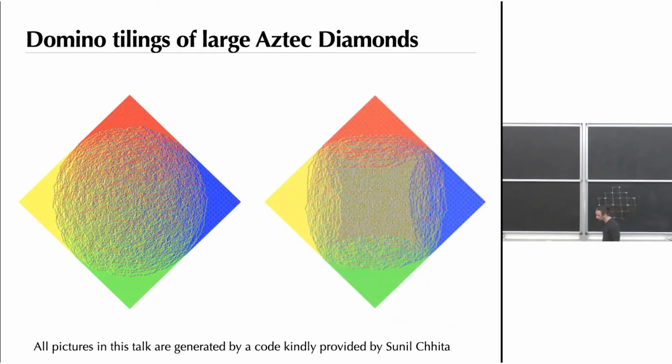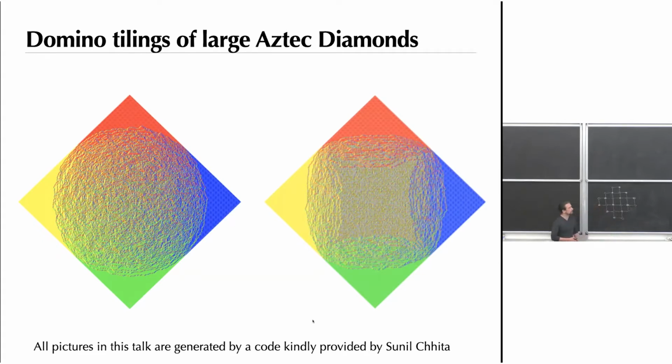Yesterday we already saw the Aztec diamond mentioned once, so I will also go over that. Some of the things I will speak about in the beginning are maybe well known to many of you in the audience, but I will be basic from the start to make sure that everybody is with me. The picture on the left is something that we already saw yesterday. What I draw here is an Aztec diamond and a domino tiling of it, a uniform sample of such a tiling.